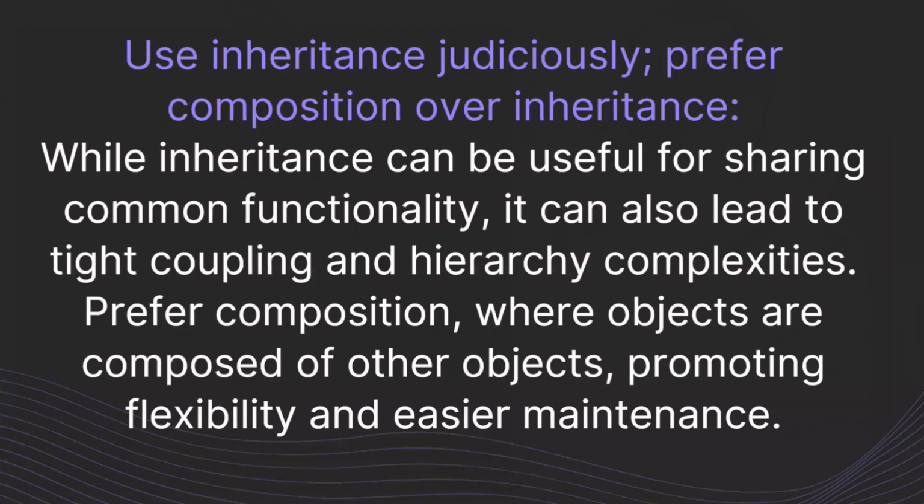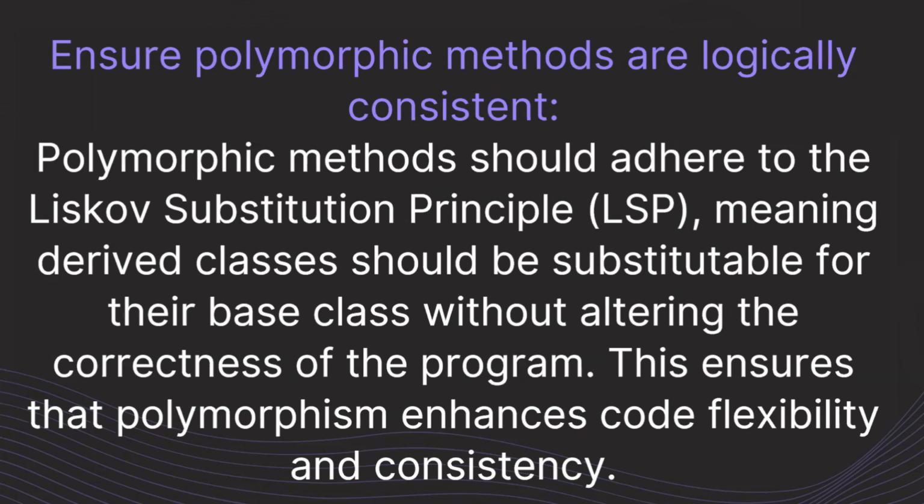Number one, use inheritance judiciously. Prefer composition over inheritance. While inheritance can be useful for sharing common functionality, it can also lead to tight coupling and hierarchy complexities. Prefer composition, where objects are composed of other objects, promoting flexibility and easier maintenance. Number two, ensure polymorphic methods are logically consistent.